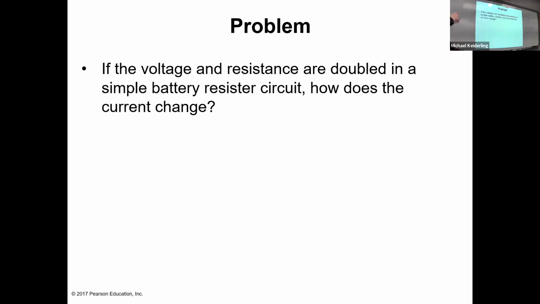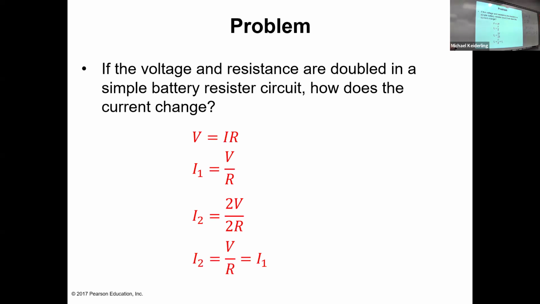Well, let's think about it. Voltage equals current times resistance, so current is voltage over resistance. If I double both, current 1 is voltage over resistance. Current 2 is going to be 2V over 2R. The 2's will cancel. You'll just have V over R, which is the same as current 1. If you double both the voltage and the resistance, the current doesn't change.